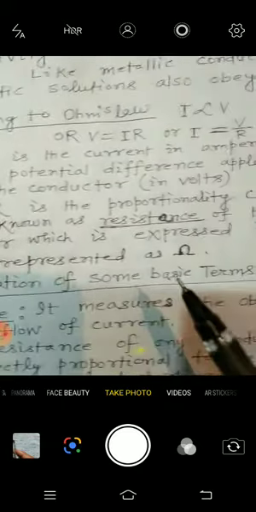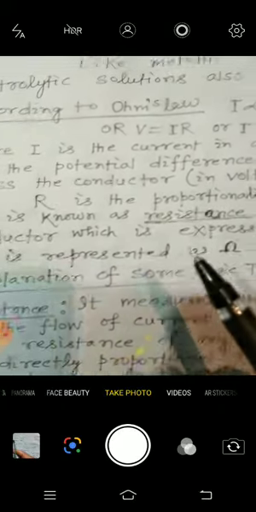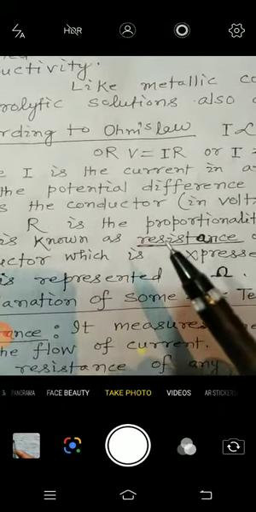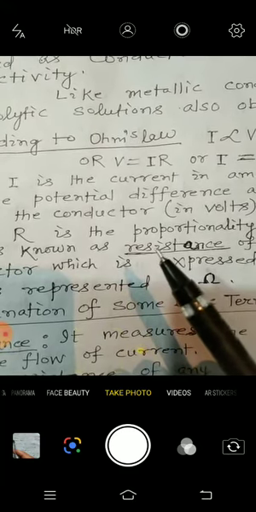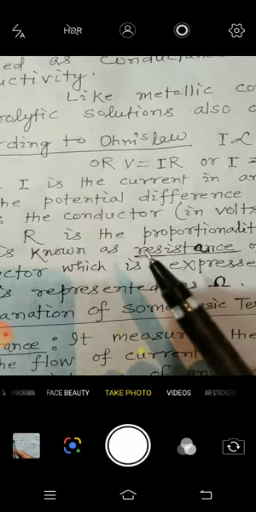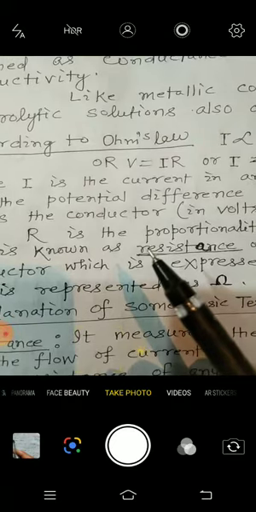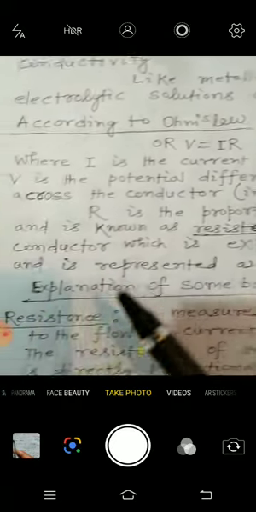Explanation of some basic terms, because again a new term has come here, resistance. So let us start to understand what is resistance.